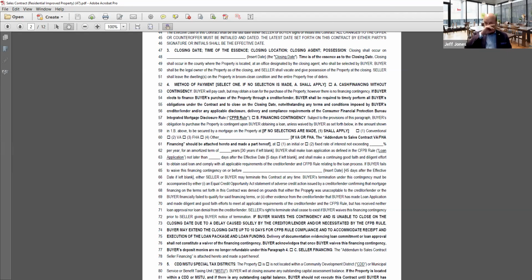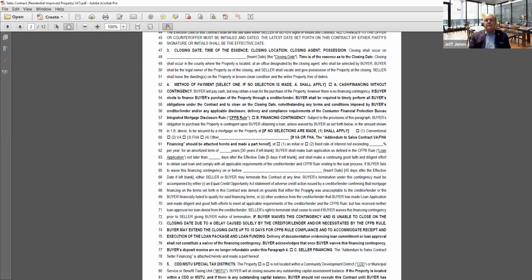They may start working on the package just a couple of days before closing. There's a facility for the buyer to say, okay, I'm going to need to delay the closing up to 10 days because my loan isn't going to be ready. But look at what that says.